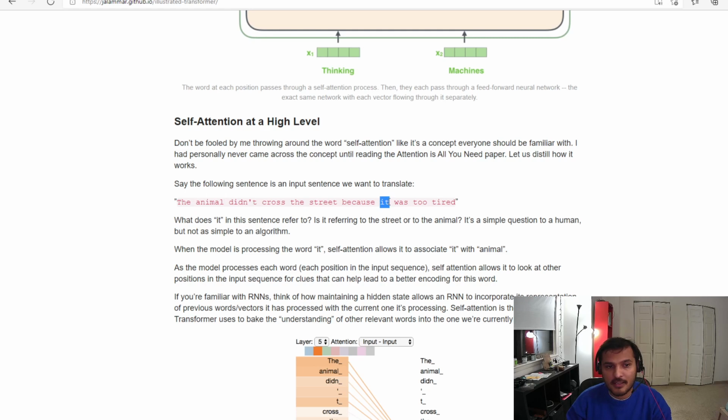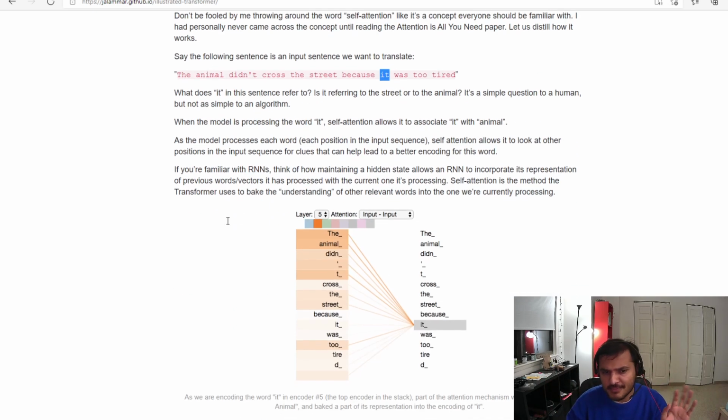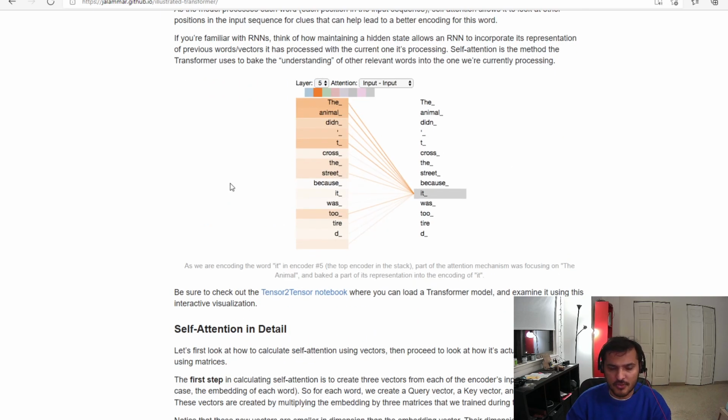It has a score of 0.9 with animal and, let's say, 0.01 with every other word. All should sum up to 1. The closer the score is to 1, the more it tells you what it's related to. For the word it, animal has a score of 0.9. That means it is attending to animal. That's roughly how attention works.